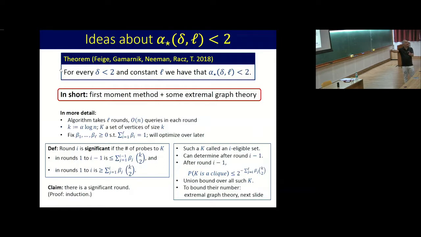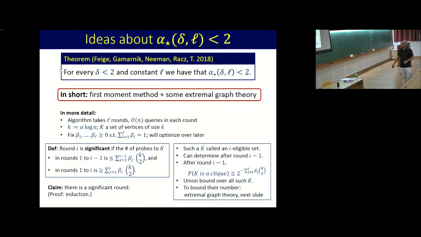So the rest is still the random graph. So the probability that it will turn out to be a clique is exactly the number of edges in there, discarding the i minus 1 stuff, okay? And then this we multiplied. So the reason it's first moment is union bound by how many such k's there are, okay?